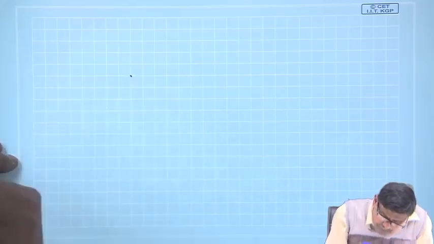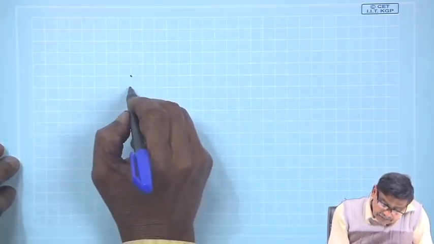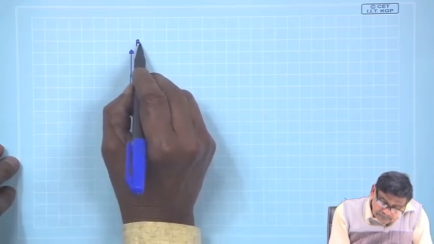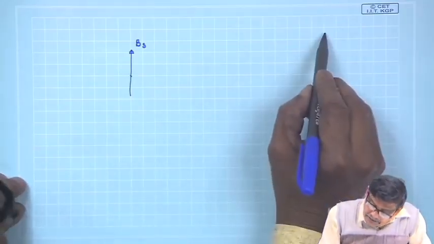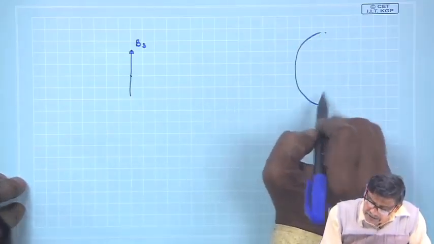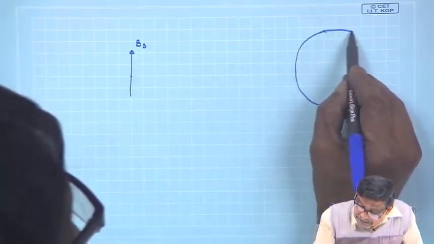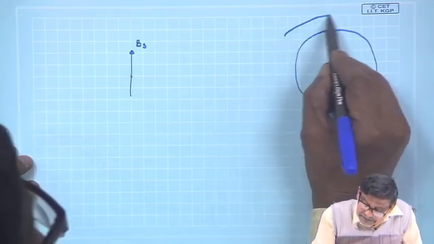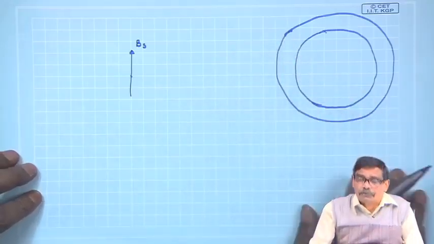Achha, suppose you have a stator field BS. You can imagine this stator field has nothing to do with induction motor, but if you understand this problem, you can extend it to induction motor, synchronous motor, what not.